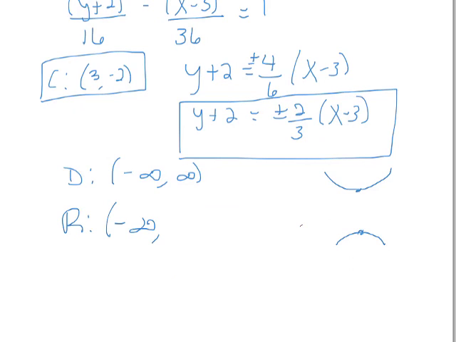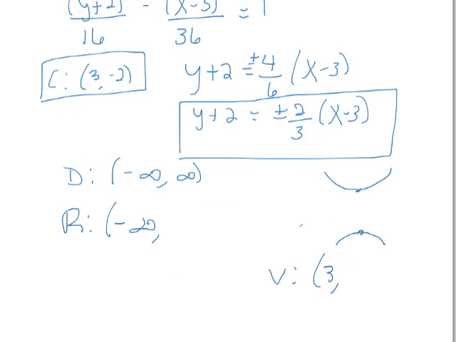our vertices, right? So the vertices are going to be based off of the center. So I like to figure out the vertices. So our vertices would be, the x coordinates are going to be 3. And then the y coordinates, the center's negative 2. So I'm going to add 4.